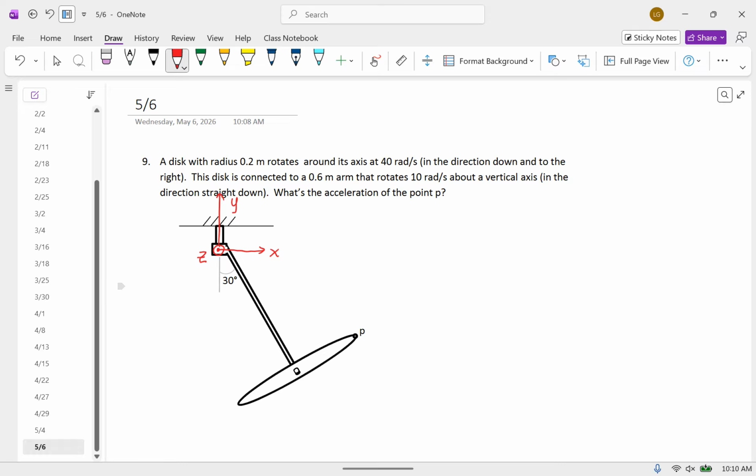We're just going to have to use the right-hand rule, because the angular velocity is always in the direction of your thumb when your fingers do that rotation. Your thumb is going down and to the right, so the rotation is like this. If you know that the magnitude of that angular velocity is 40 radians per second, and you know the direction is this, you can come up with a unit vector in this direction, multiply it by 40, and that's your angular velocity.